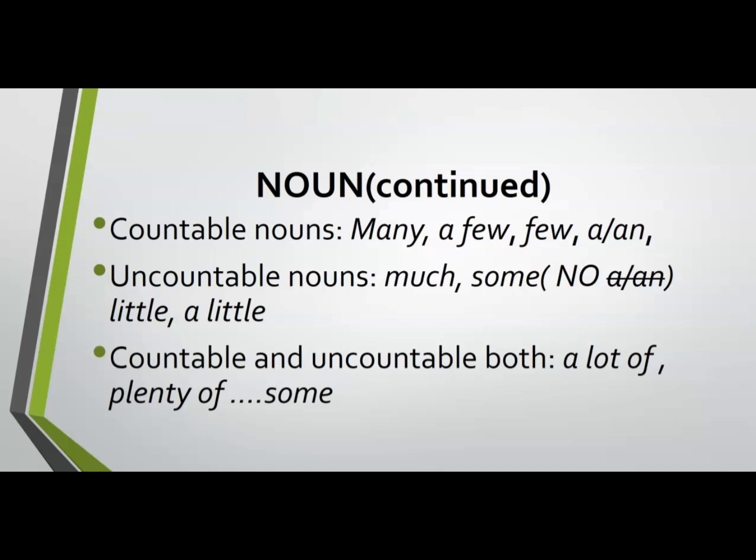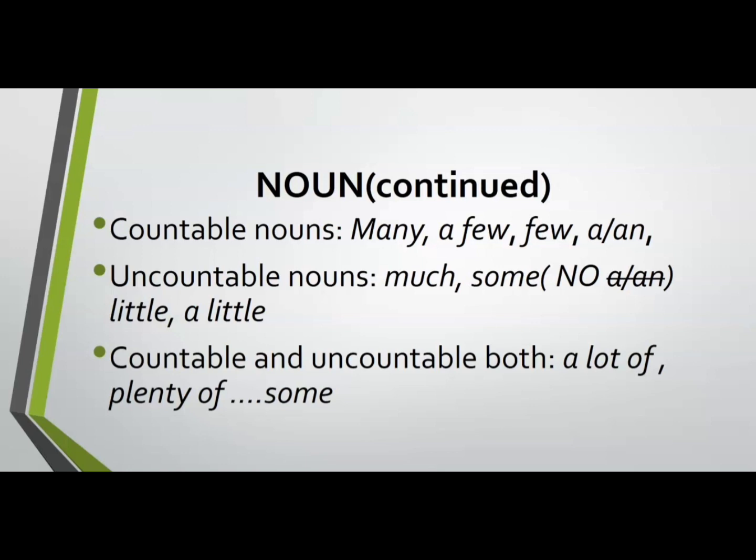Yes, we use little or a little with uncountable nouns, but not a or an. So we might say there is little milk in the fridge, or there is a little milk in the fridge. Again, there is a difference between these two terms, and I'll explain them somewhere in a future video.